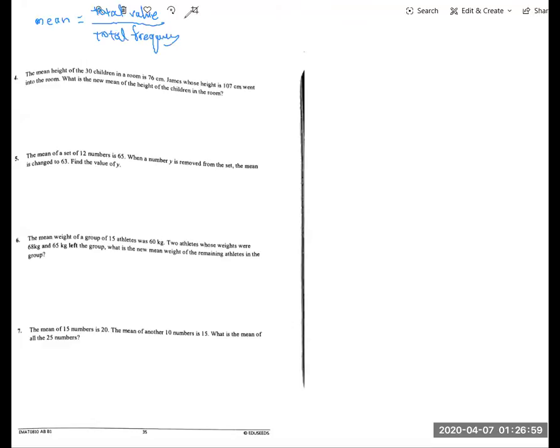Now, let's put in the values given. The mean height is 76, equal to total value over 30 students, which is the total frequency.